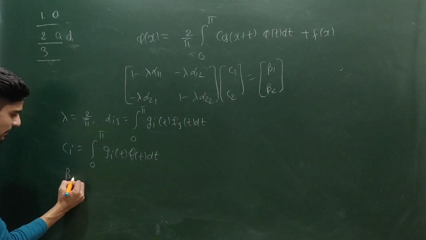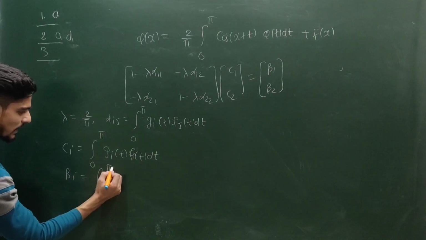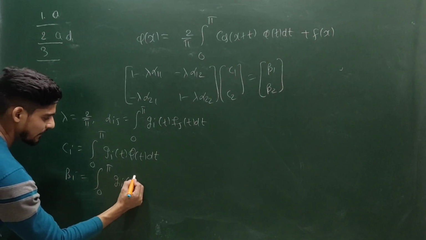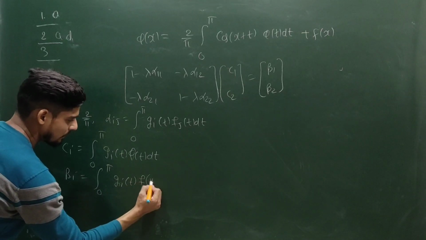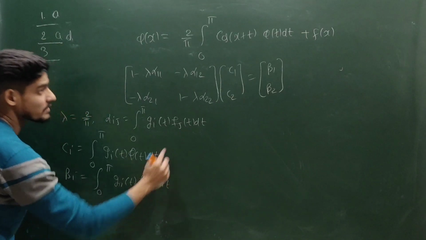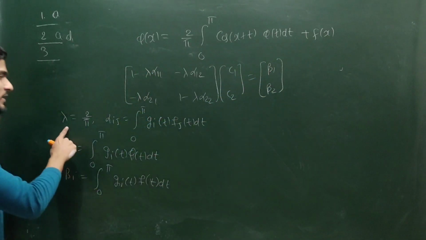And my beta i is given by integral 0 to pi gi t f t dt. This is my f term. So these are my notations.